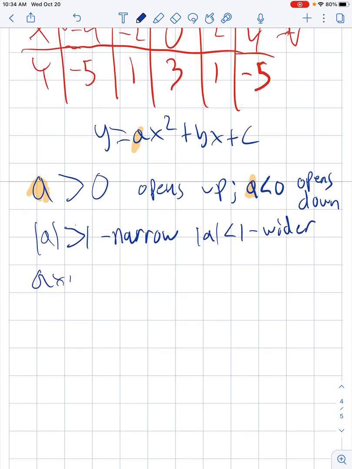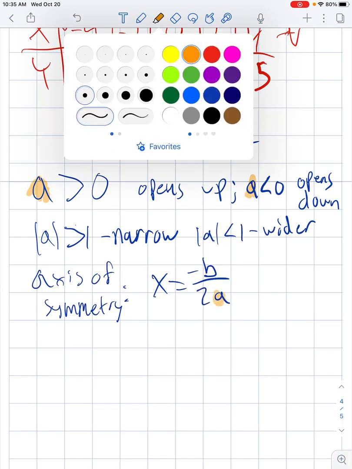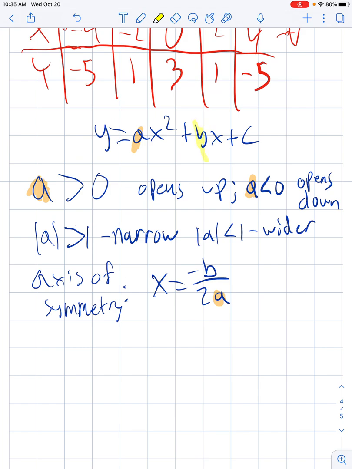To find your axis of symmetry, again, what's that line that you could fold it in half? You take x equals negative b over 2 times a. So again, a is in the same spot, b is right here. So I can take negative b over 2a, and that's going to give me a vertical line that I can calculate.